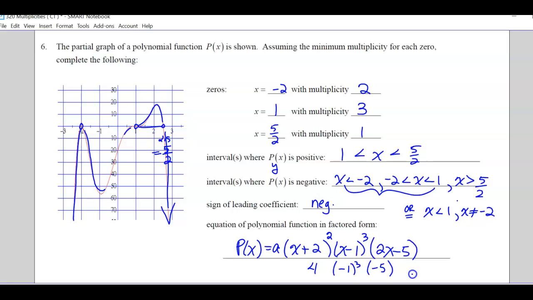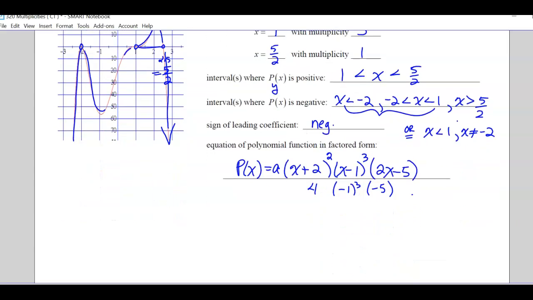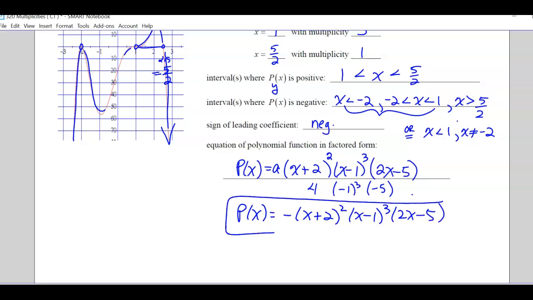This needs to be negative 20, right? So a has to be negative. Right? So, and we knew it had to have a negative leading coefficient, but sometimes there's a stretch factor as well, right? So that is your completed polynomial function.